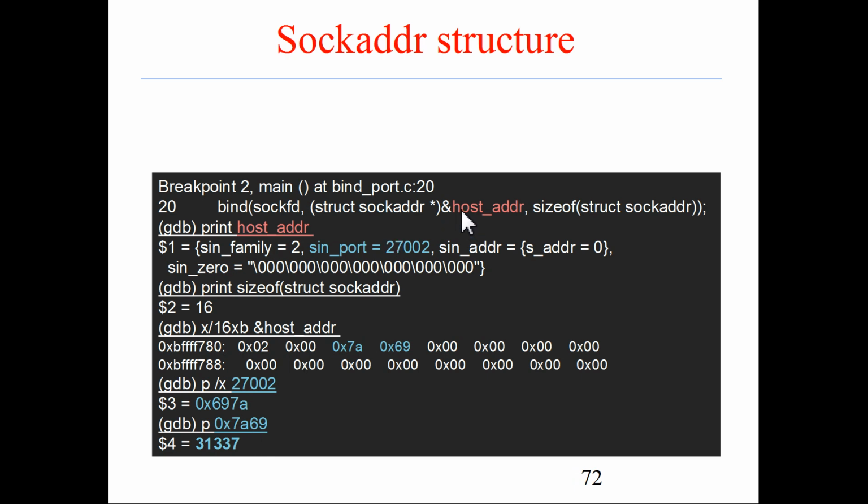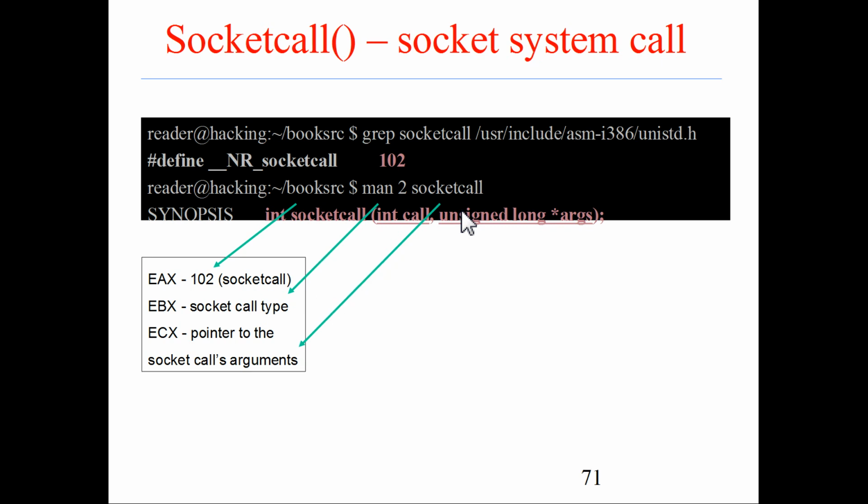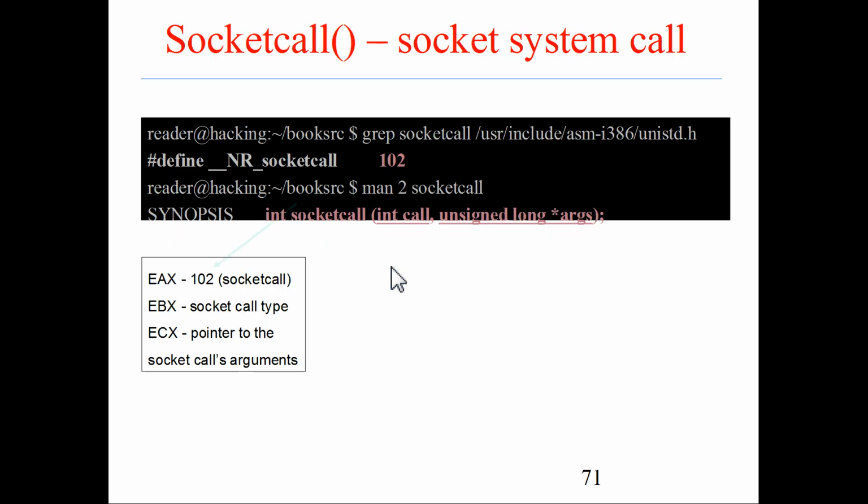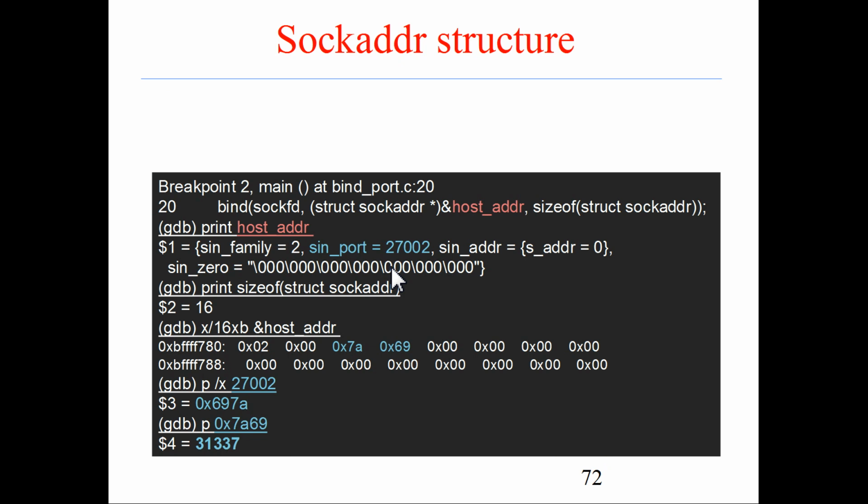And so, given that we had to call, going back, host to network short, this encodes whatever short is given to it into the network byte ordering. So 31337 is going to be represented in hex, and it's going to be reordered in little endian.